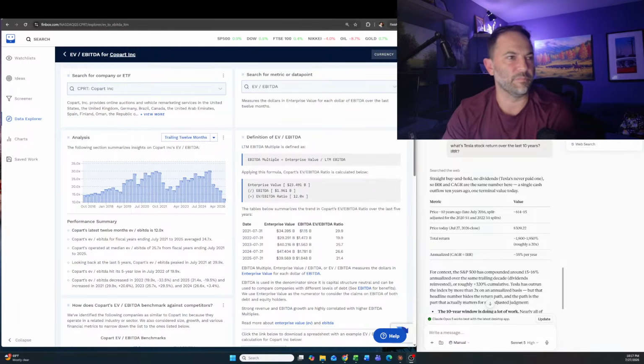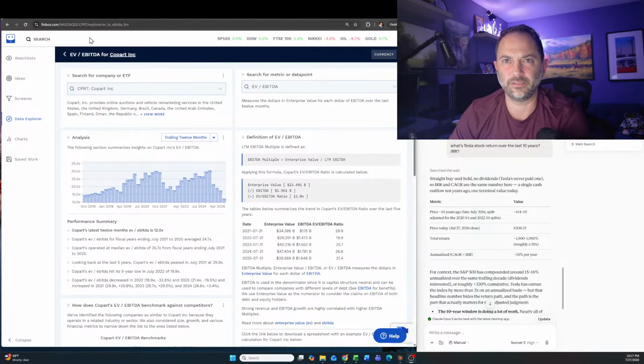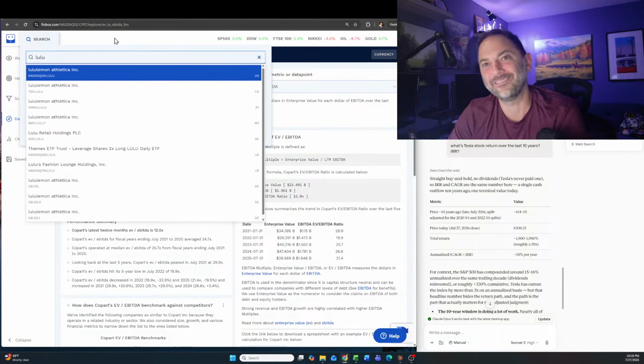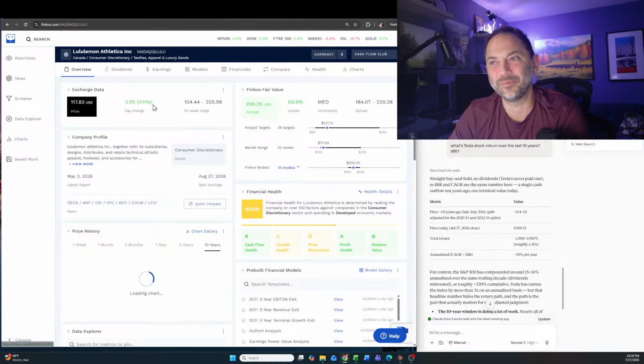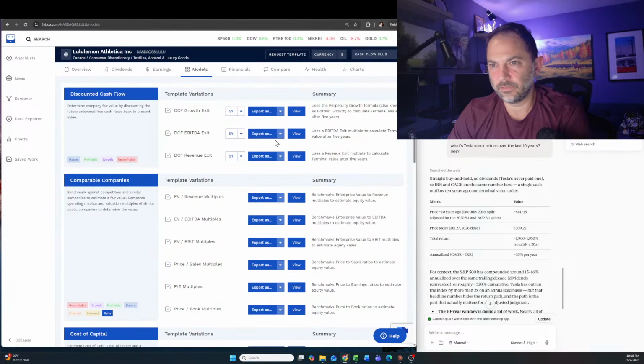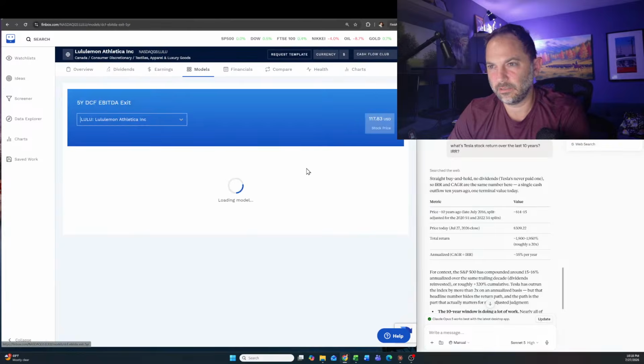Yeah, Lululemon is beat down pretty hard. Let's take a look at this. That thing looked cheap a while ago, and I have to say it has had nothing but bad news. Let's do an EBITDA model.